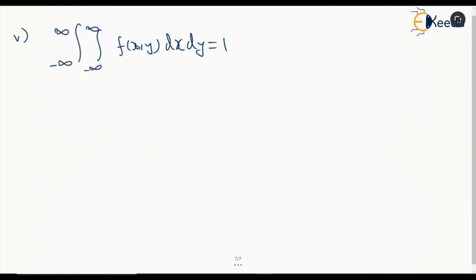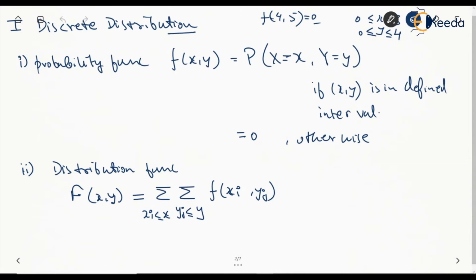In fact, in a similar fashion we can also find the values for the discrete case. If the distribution function is given, this is the sum over the limit that x is less than or equal to small x and y is less than or equal to small y, for all the possible combinations.